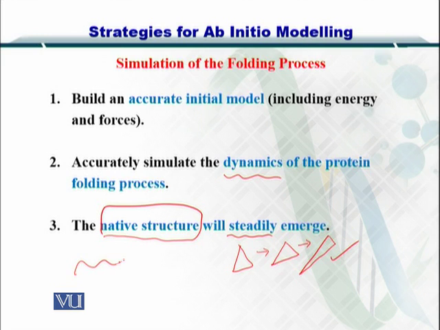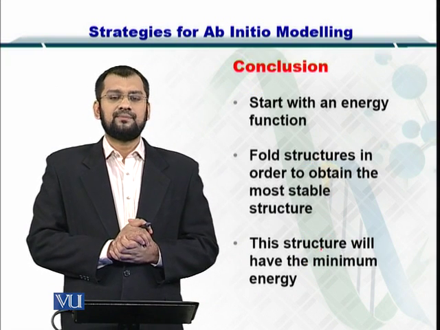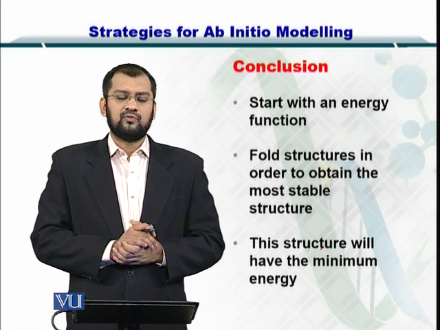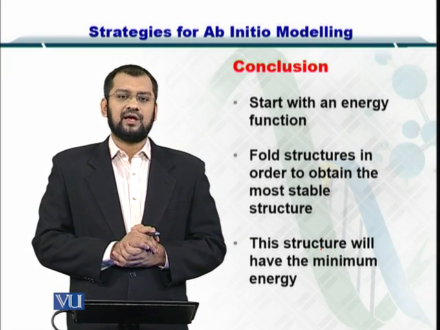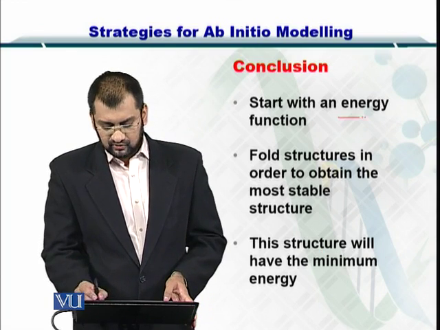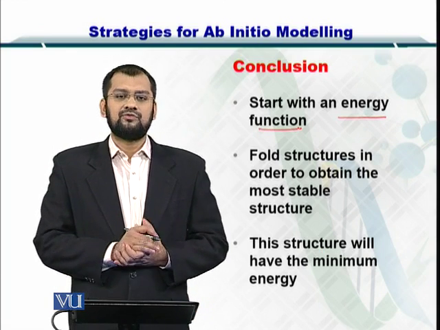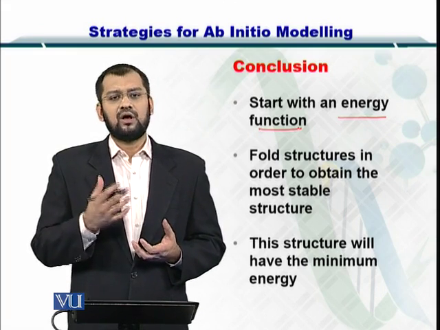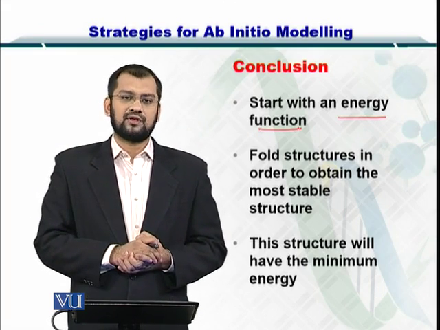So given a sequence, now you have a protein structure that has been created by using ab initio methods. In conclusion, in ab initio modeling strategies, we typically start with an energy function. The energy function gives you how much energy is still contained or how much energy is given out of the structure.